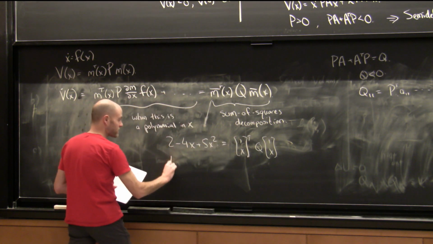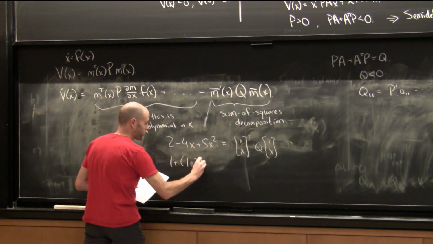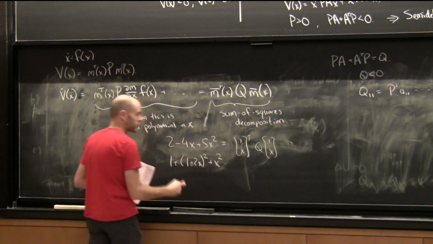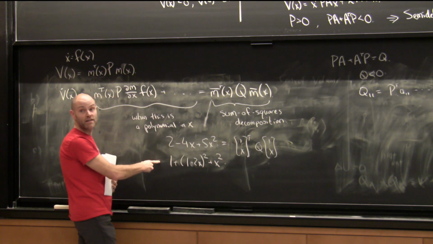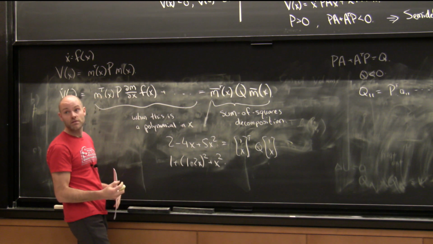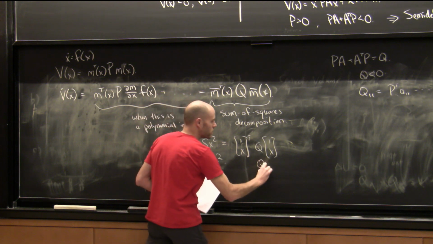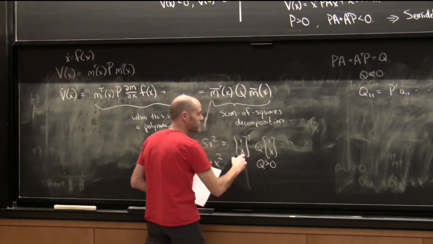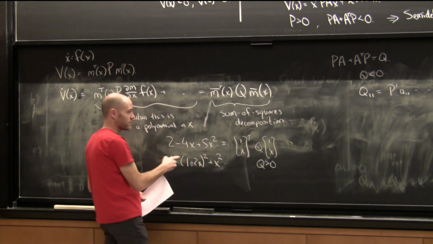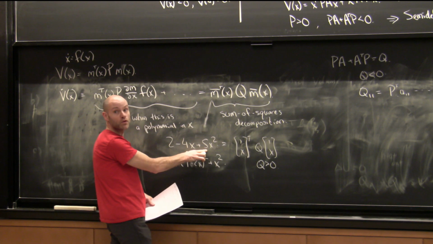If I just write it instead like this, that's just another way to write that. And now it's obviously positive. And that's effectively what's happening by finding a Q that's positive definite, that's a linear combination of these basis functions. It's effectively factoring this into a sum of squares decomposition.